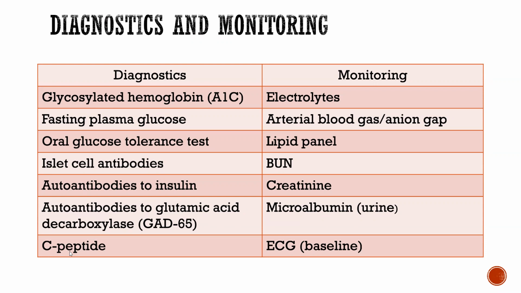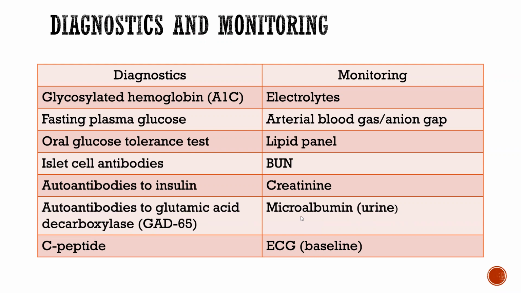C-peptide is really how insulin is produced, it's where it's cleaved off. If you have a lot of C-peptide, that means you're in a hyperinsulinemic state, meaning they're making a lot of insulin, but yet it's not functioning effectively. It's ineffective. So you're going to monitor all those things on the right. Okay.